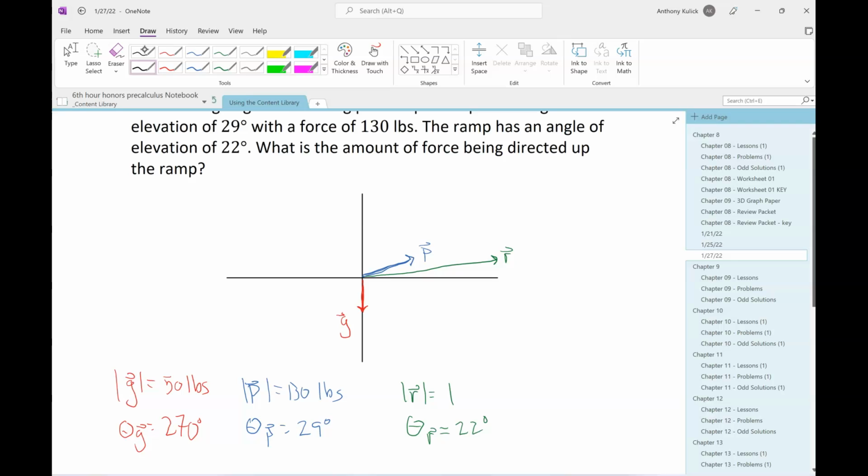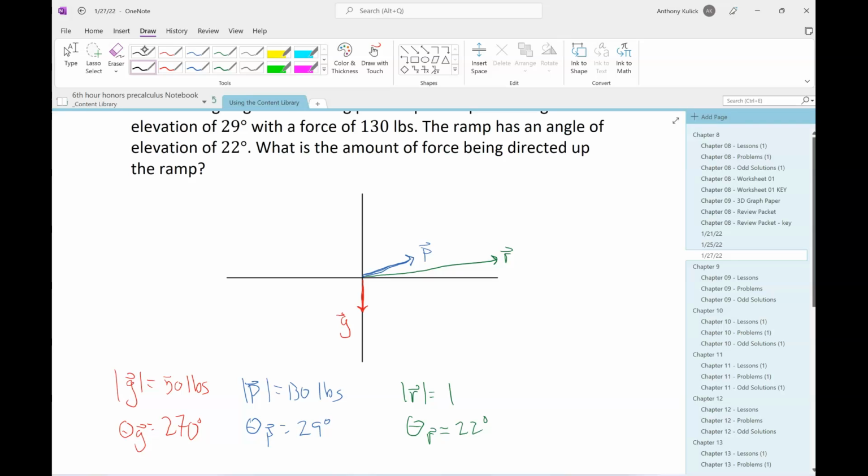But if we do that, it's not entirely clear whether we should be adding or subtracting these vectors. Now, if you think about this in a real sense, if you just set a crate on a ramp, what's going to happen to the crate? It'll slide down the ramp, right? And if you're pulling the crate, what way is the crate going to go? Up the ramp. So if you think about it in that sense, it's kind of clear that, okay, I'll subtract the magnitude of those two projections.